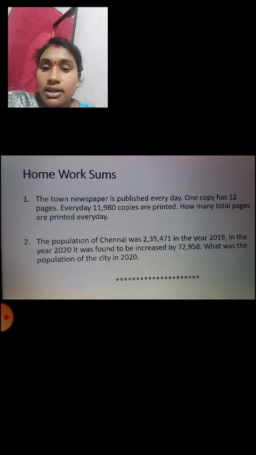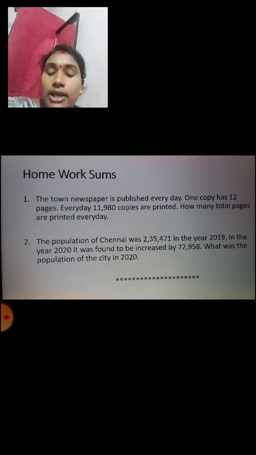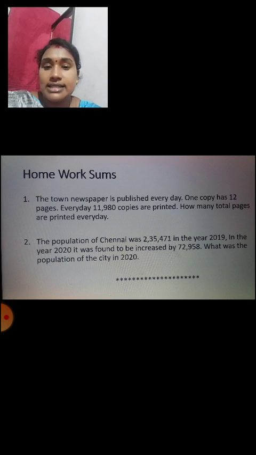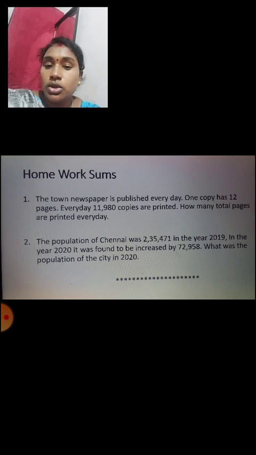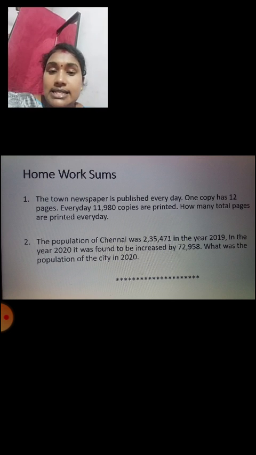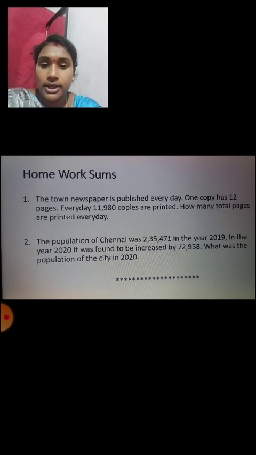Okay children, here the population of Chennai was 2,35,471 in the year 2019. Now in the year 2020 it was found to be increased by 72,958. What was the population of the city in 2020?